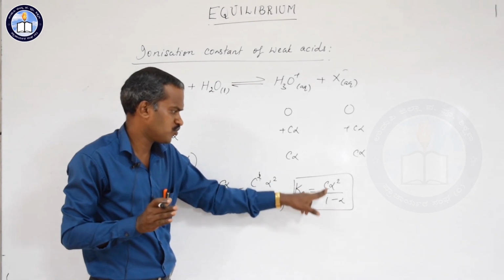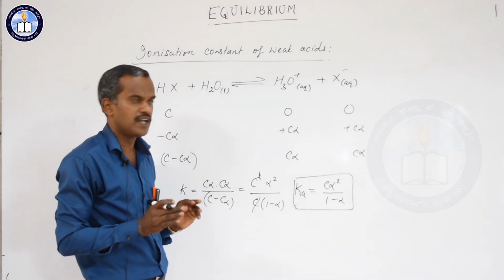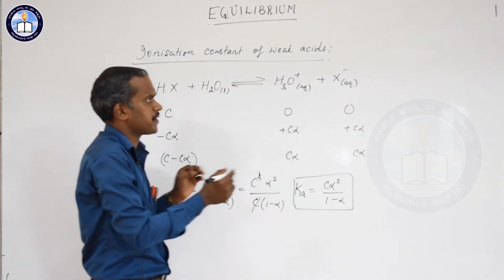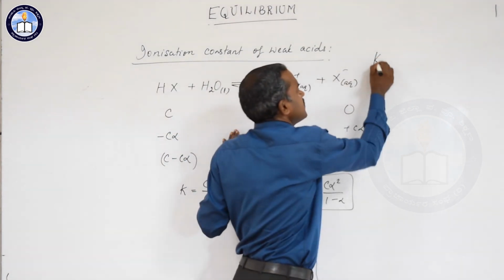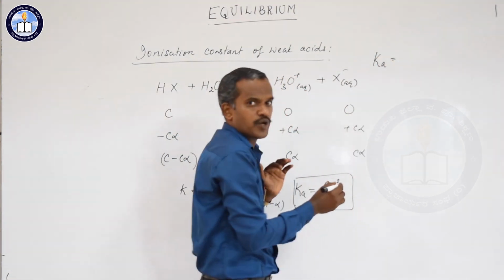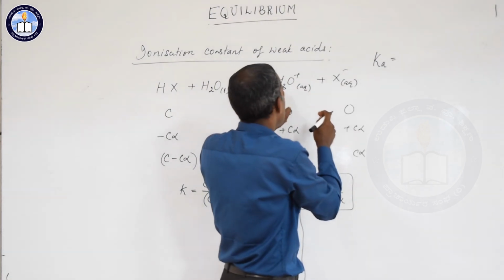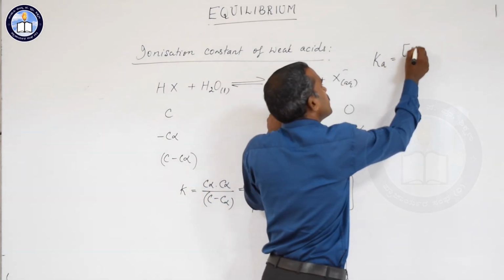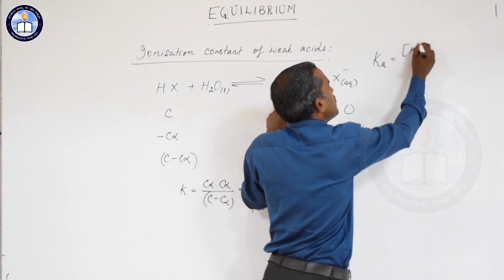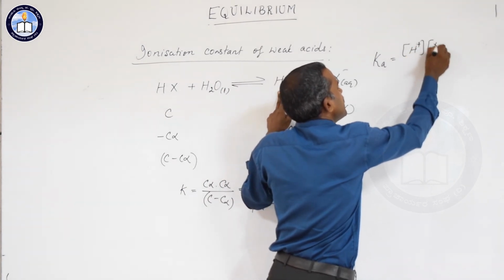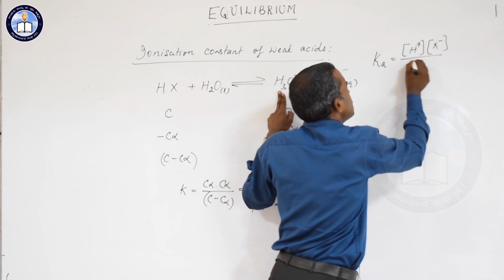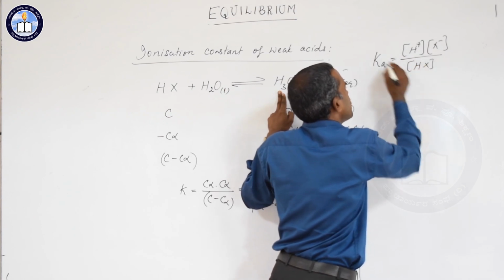So Ka is equal to C alpha square by 1 minus alpha, or based on the previous expression we can say Ka, the dissociation constant, we can also write as the concentration of H plus, which is formed, ignoring the concentration of water there, concentration of H plus into concentration of X minus divided by concentration of HX.